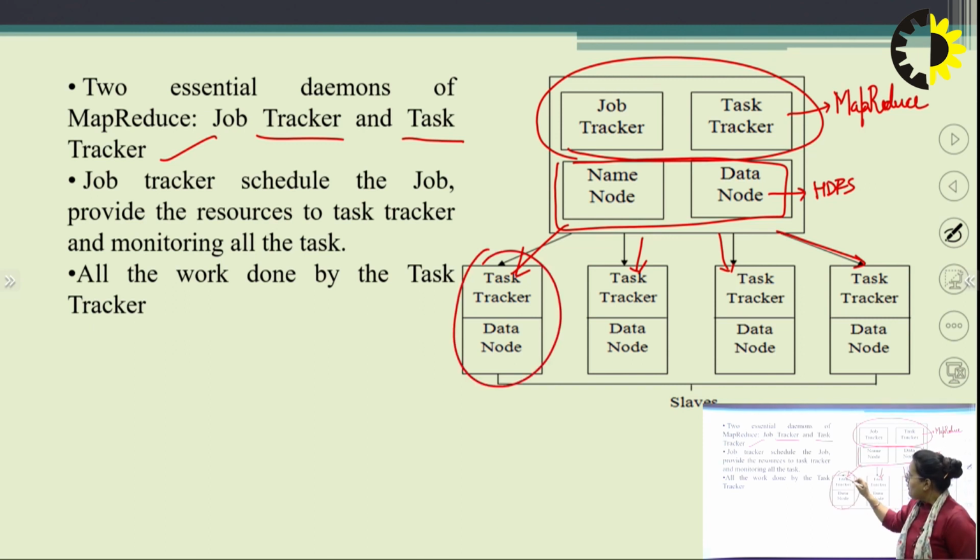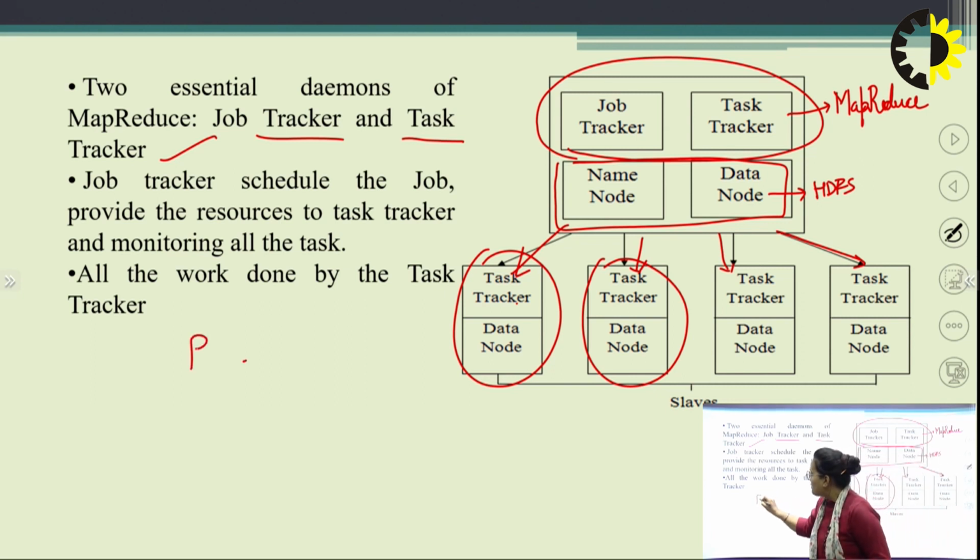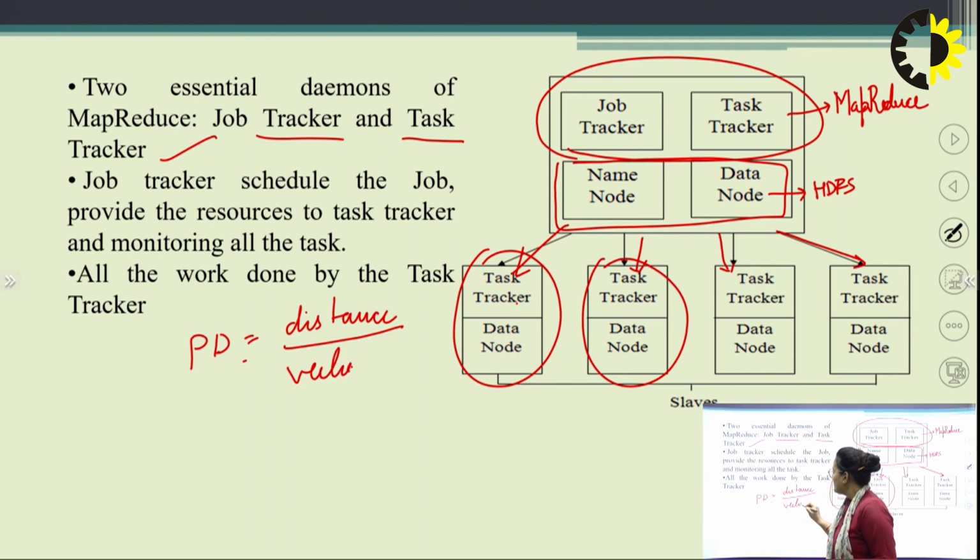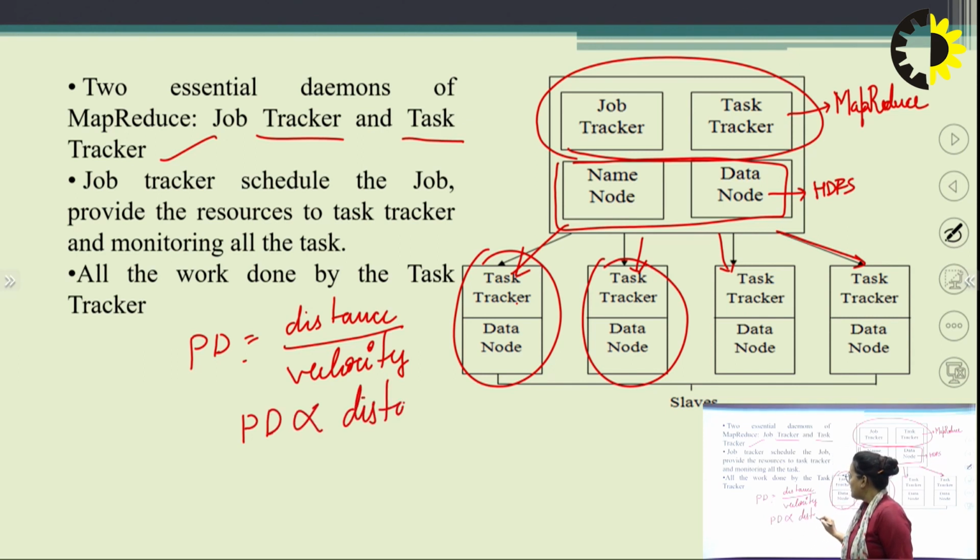There is one node where the task tracker will perform processing, and a second node where the task tracker will perform processing, and there is a third one and a fourth one. This data is stored locally, not remotely, because we know that propagation delay is equal to distance upon velocity. It means propagation delay is directly proportional to the distance.